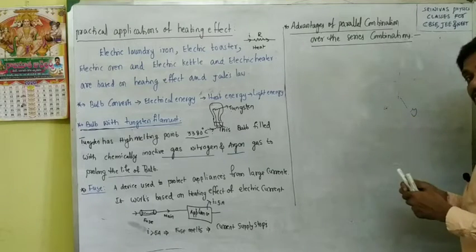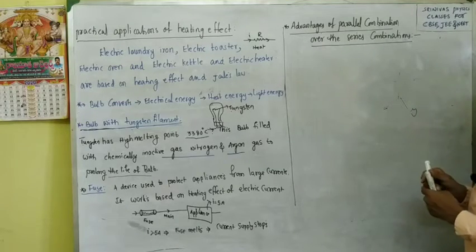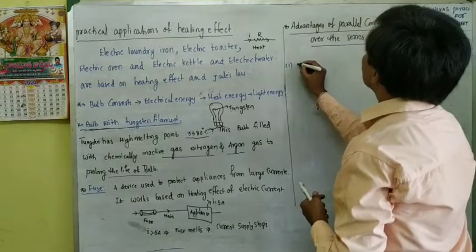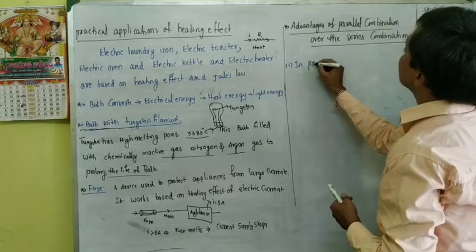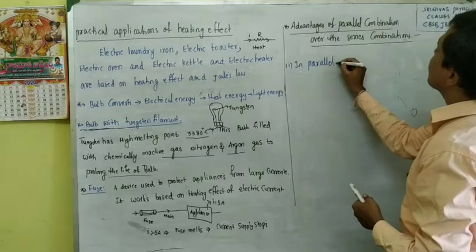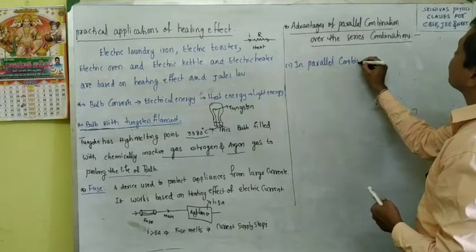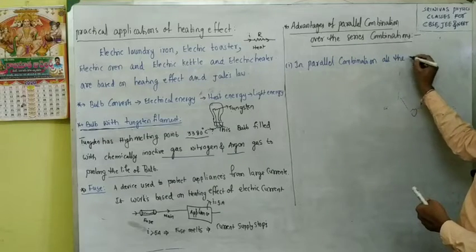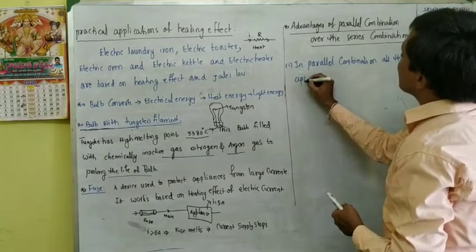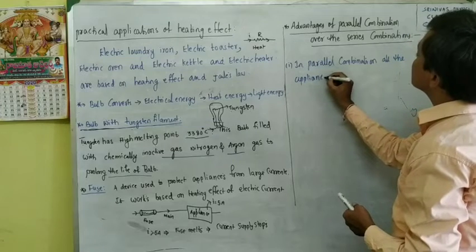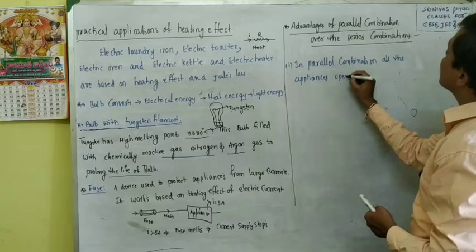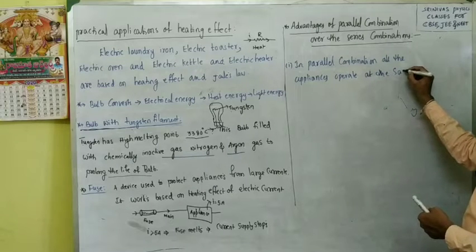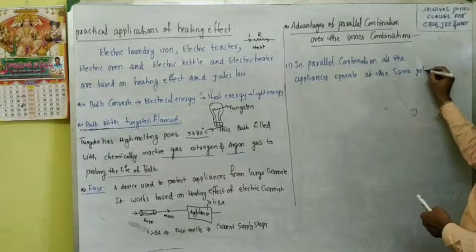That means the same potential difference is possible only in a parallel combination, right? So in parallel combination, what is the advantage? All the appliances operate at the same potential difference.